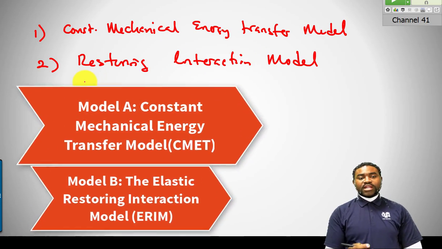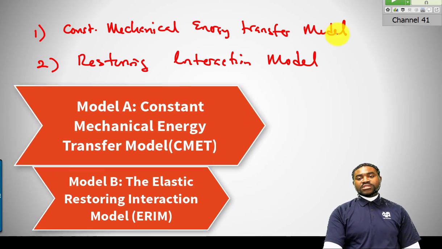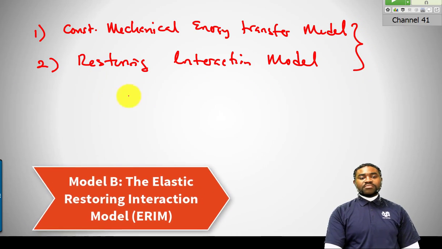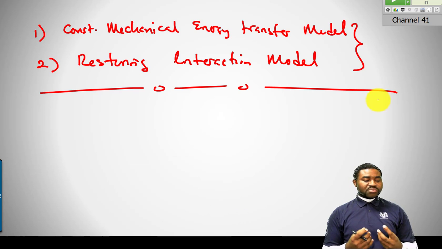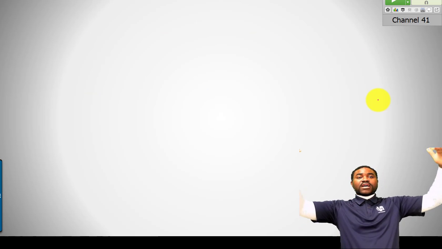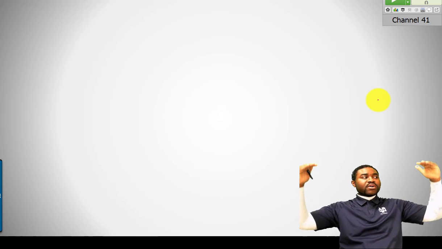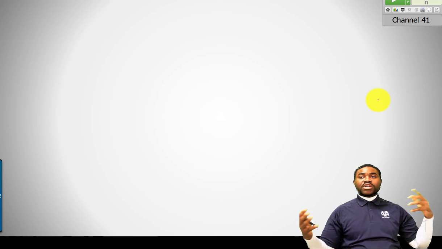Some people will prefer to say elastic restoring interaction model. These models simplify the analysis of mechanical oscillating systems. I'm going to summarize these two models, and then we will analyze every system in parallel with the two models so you could see the differences and choose which one you want to use.